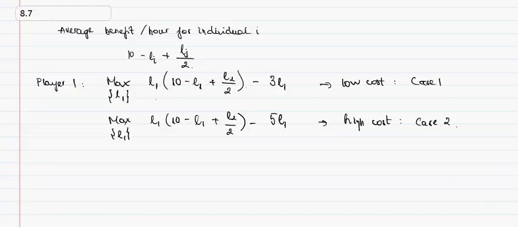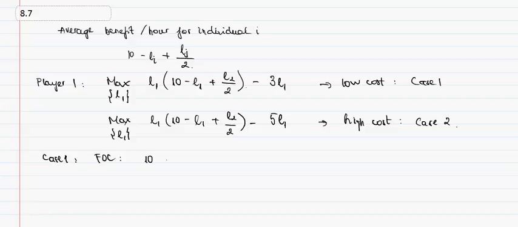Now we will be solving each of the cases. We're doing case 1 first, where player 1 is trying to maximize this by choosing L1. So we find the first order condition, where we differentiate the objective function with respect to L1.